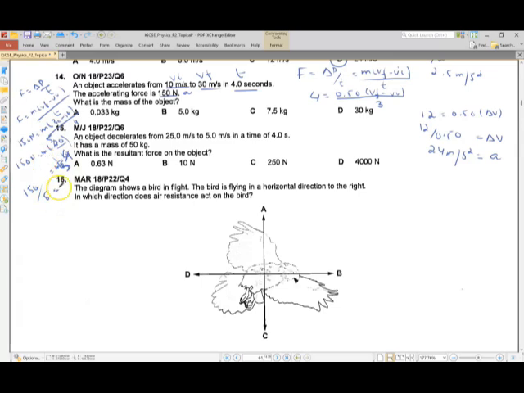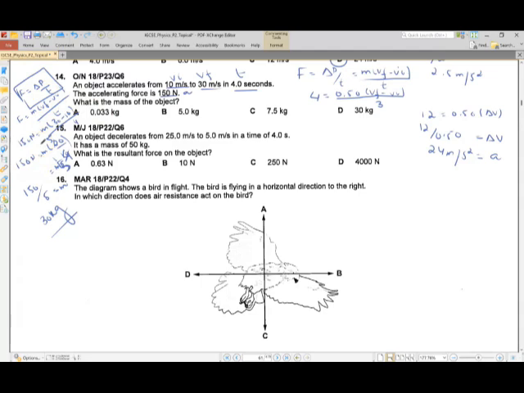And 150 by 5 is going to give you the mass, which is 30 kgs. Okay. So this formula is very helpful. You are going to have it on your tips once you've done the topic of momentum, because it is going to be used over there like tons of times. So you are going to get familiar with this. Okay. So this is how you are going to do this question.